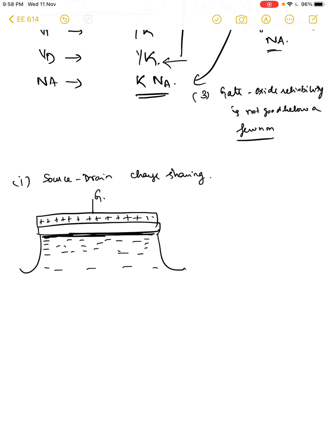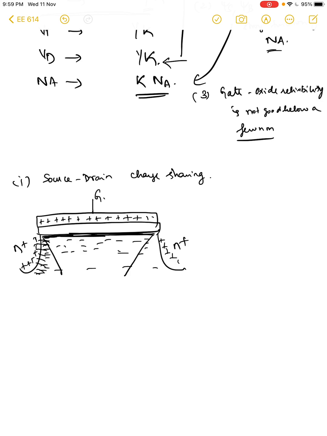Now what happens is, you have the source and the drain also being the n++ regions, right? So even though you have additional positive charges here due to the depletion width, some of the field lines from the source and drain stop at some of these channel charges, so that the gate actually controls a much smaller area than it controlled previously.